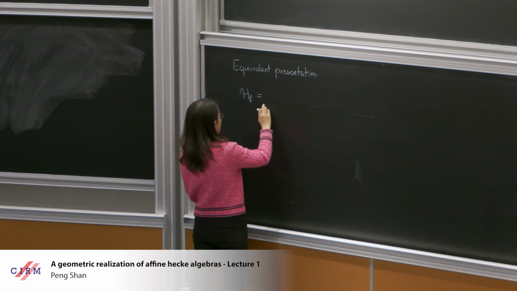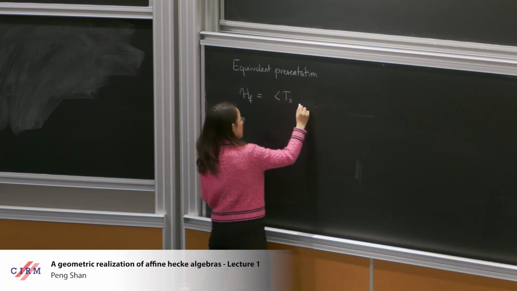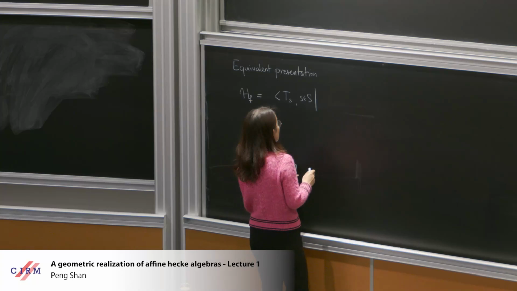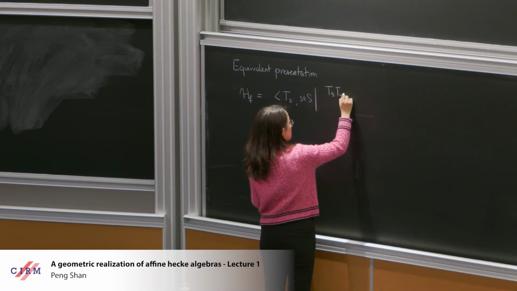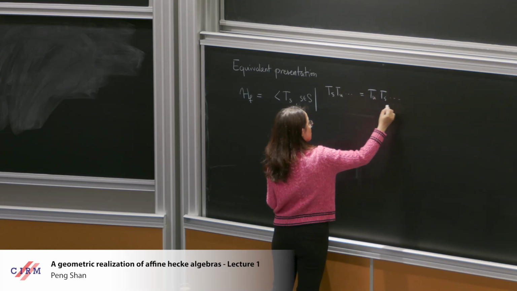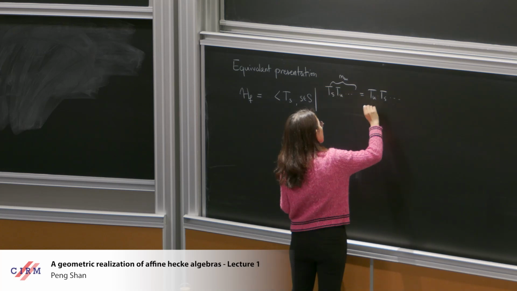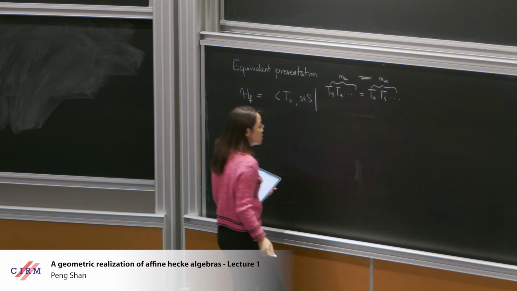So as an algebra, this is generated by T_s, where s belongs to S. If you follow the Coxeter presentation, you have the braid relation: T_s T_u T_s ... equals T_u T_s T_u ..., with m_su terms on each side, and these two are equal.